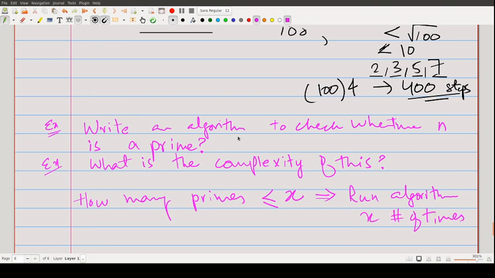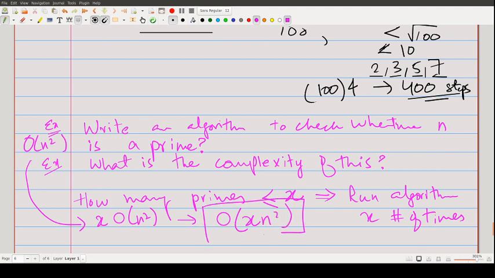So whatever the complexity of this algorithm is, let's suppose you wrote an algorithm that was O(n squared), then you will need to run it x times, which means its complexity is going to be O(x times n squared). So it could be cubic, it could be something else, but I invite you to write this algorithm and check for yourself that it's going to be much slower.